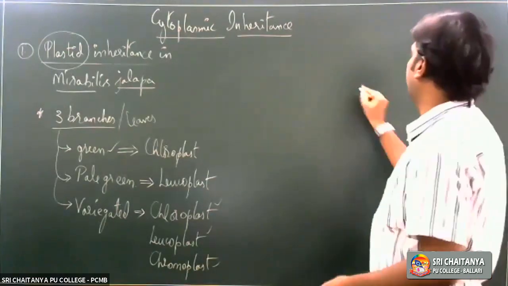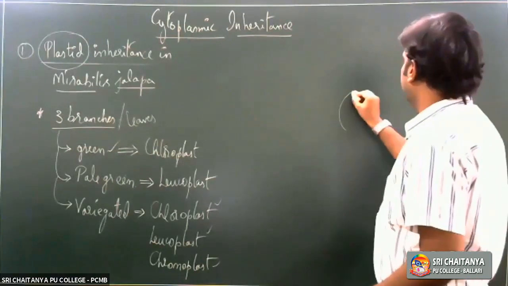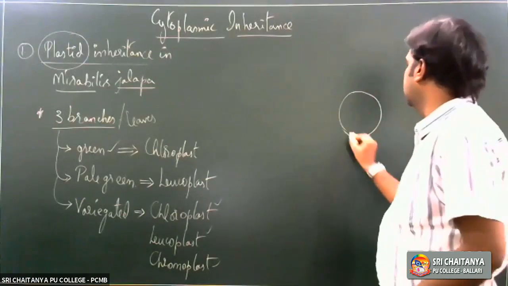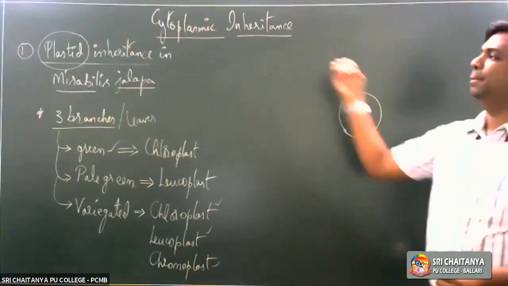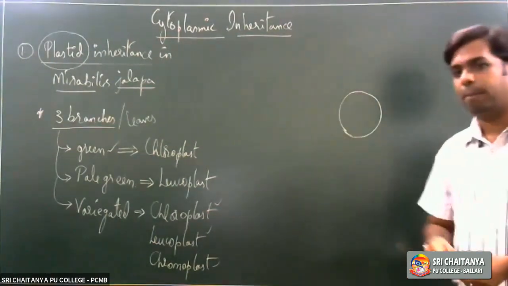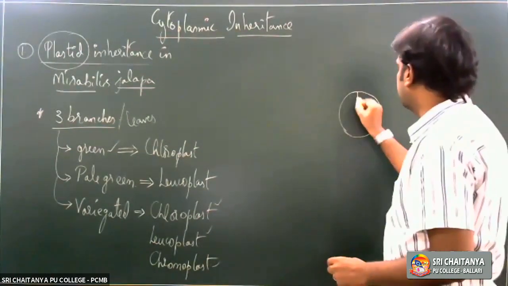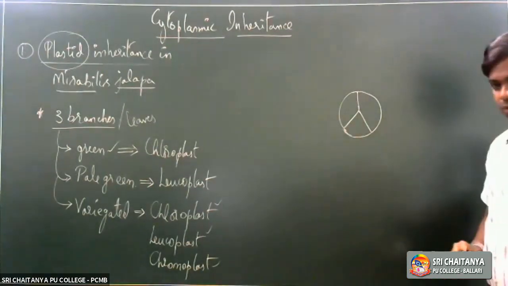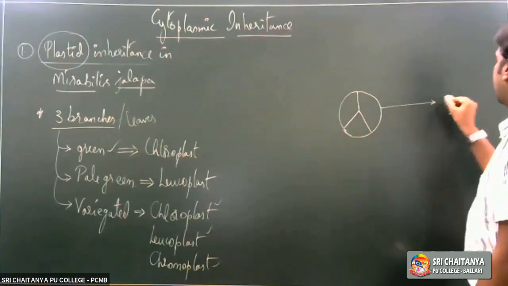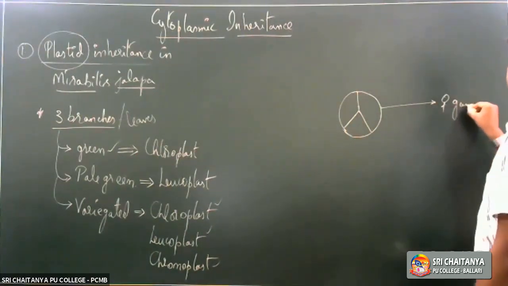So let us take up this first one, the first circle. This is a simple expression of how we demonstrate plastid inheritance in Mirabilis jalapa. This inner circle, we divide into three parts. So this represents our female gamete.